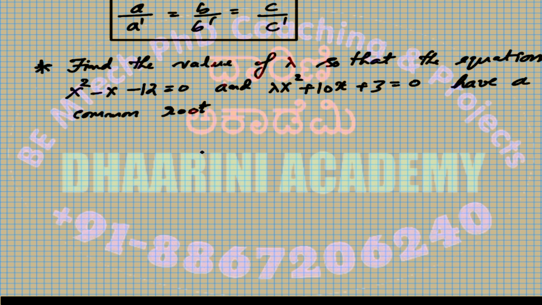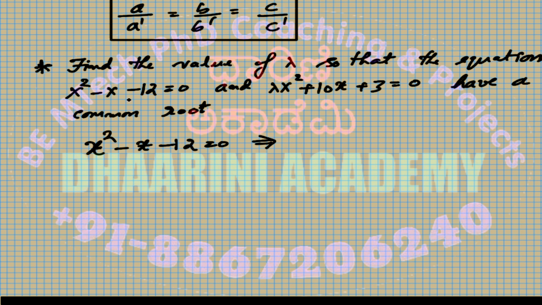Now, let us try to write the first equation. First equation says x square minus x minus 12 equal to 0. Because this is a given equation, I can directly find the roots, out of which one of the roots has to be common. That's all.